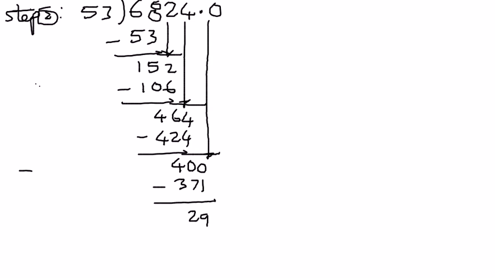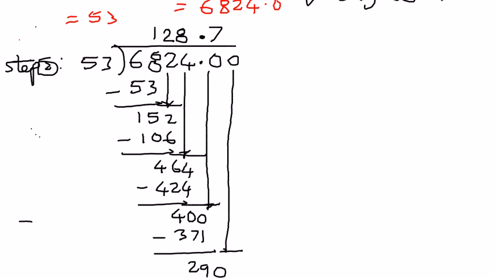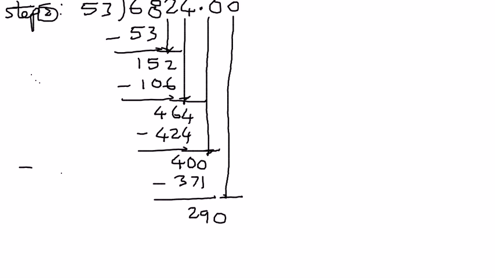So we bring down this 0, so 290, and therefore 53 times what number is equal to or less than 290? 53 times 5 will be equal to 265, and it goes on. 290 minus 265 is equal to 25, and then we can keep going.